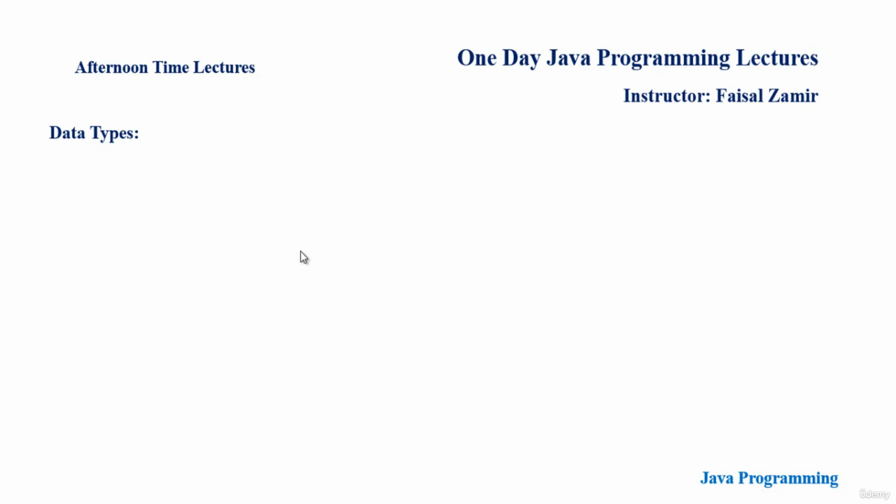We have already discussed data types in other programming languages, for example C, C++, Python, JavaScript, PHP. But in this video lecture for the Java programming course we will learn which types of data are used in Java.